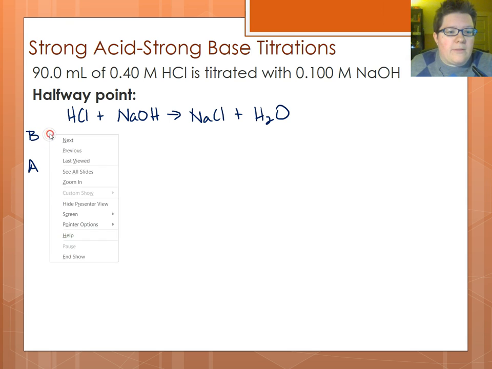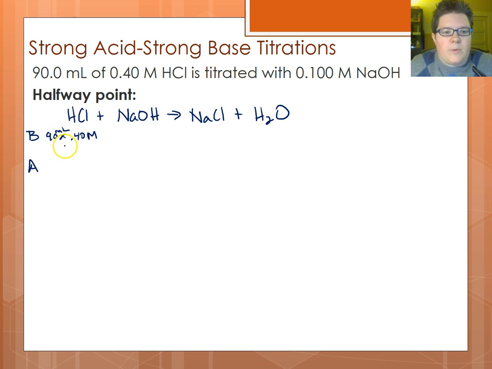And so we're going to start with 90 milliliters times 0.4 molar. So let me add in a little milliliter. So milliliter times molar, 90 times 0.4 is 36. And that's milliliters times moles. So that's actually millimoles. Not moles, but millimoles.